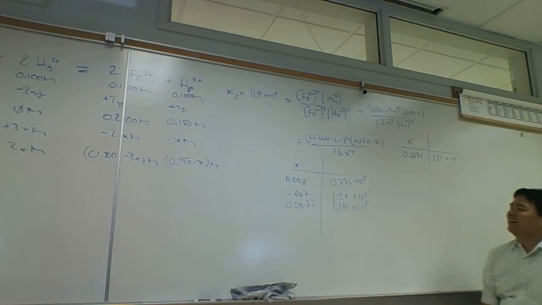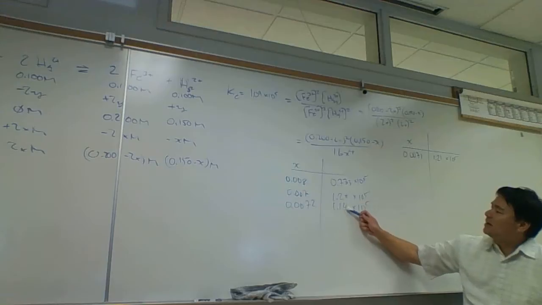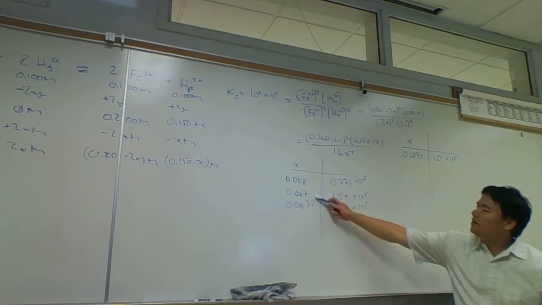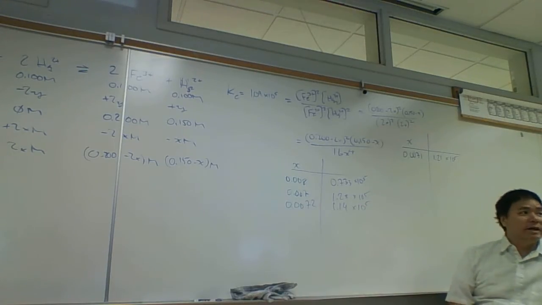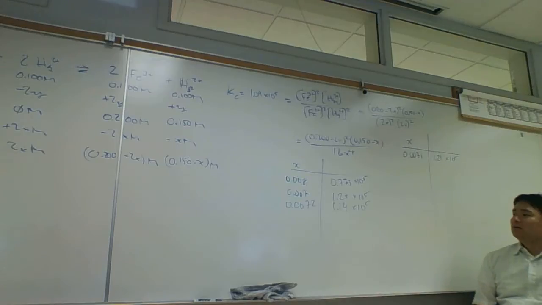So I look at that, and it makes sense because it's between 0.0070 and 0.0072, so we should be between 1.28 and 1.14. We probably should have gone which way?